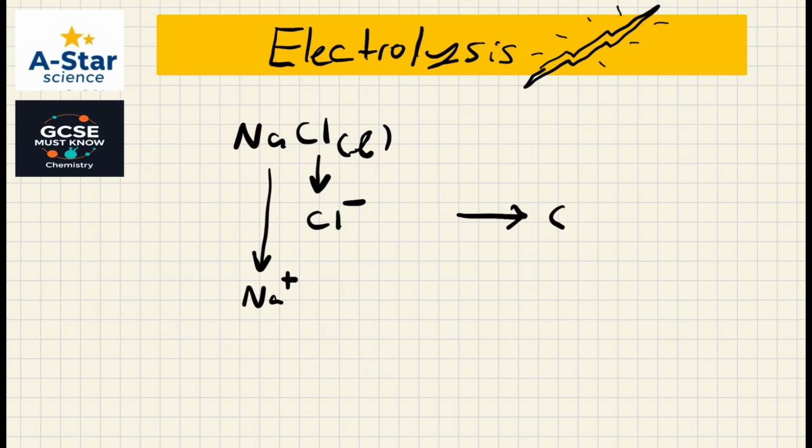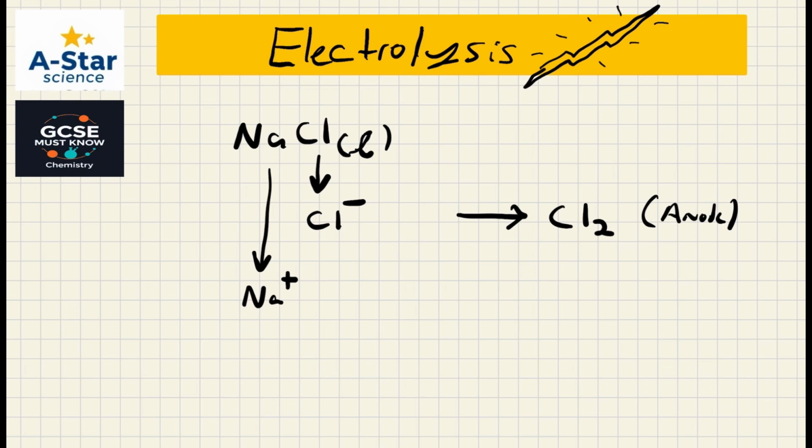That will form chlorine gas at the anode, because we remember that the negative ions go to the positive anode. Well, how does that happen? How do we go from negative charge to a molecule which has no charge or is neutral? That means we must lose an electron.